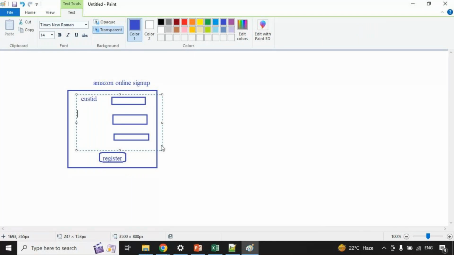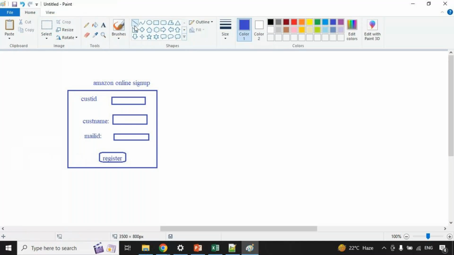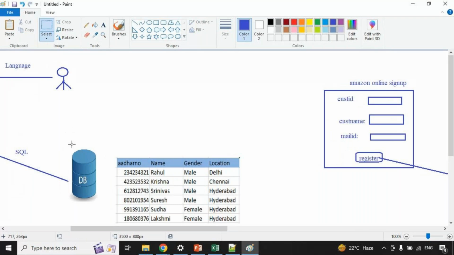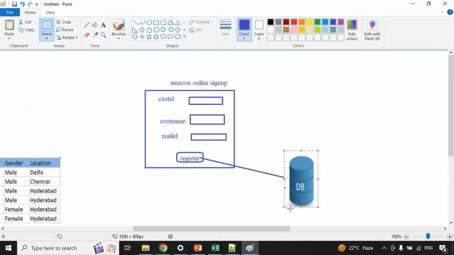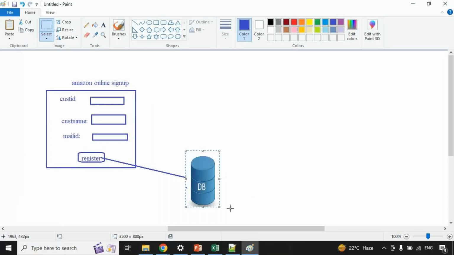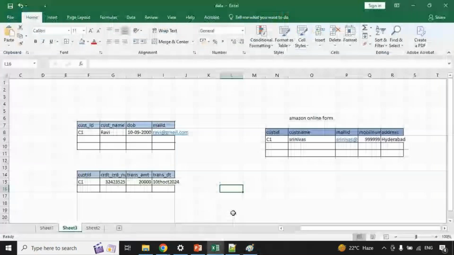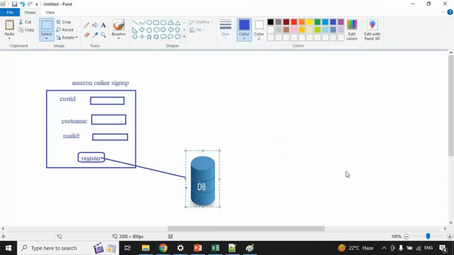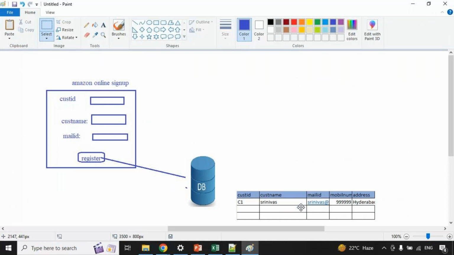Customer ID, name, and mail ID, like this you provide the details. Whatever details you provide, they are stored in the database. Here also the data will be in the form of tables, like this. So whatever details you filled in will be here in the form of tables.